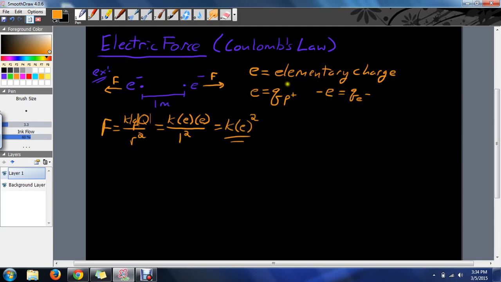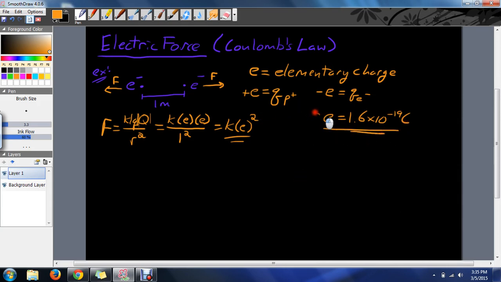So the elementary charge is the charge of a proton and of an electron, where it's positive for the proton and negative for the electron. Of course, this value is 1.6 times 10 to the negative 19 coulombs.